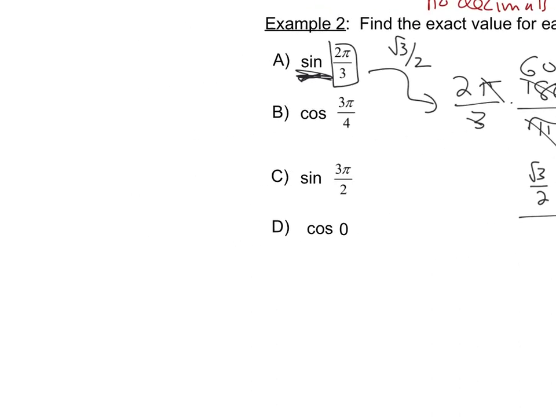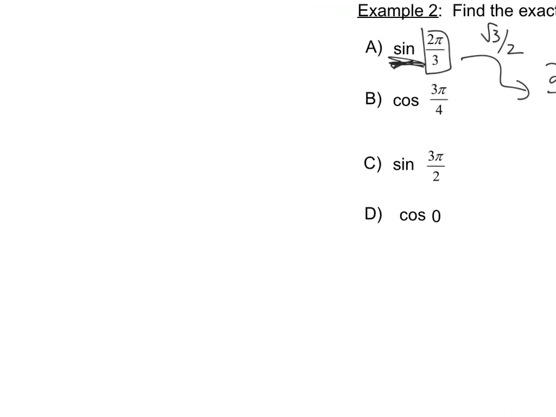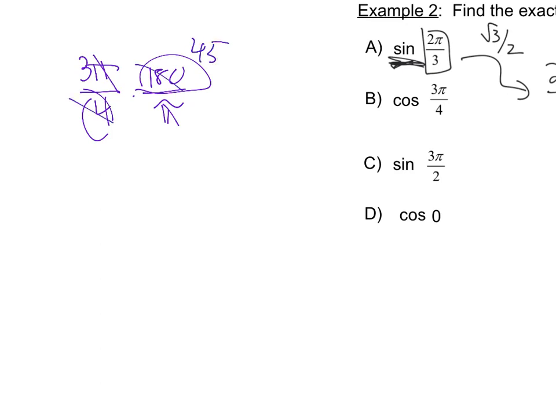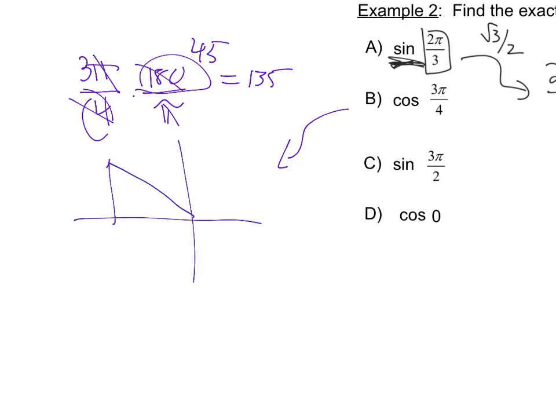Cosine of 3 pi over 4. 3 pi over 4 times 180 over pi. The pi's cancel out. 180 over 4. 180 divided by 4 becomes 45. 45 times 3 is 135 degrees. So where is that? That is right smack dab in the middle of quadrant 2.